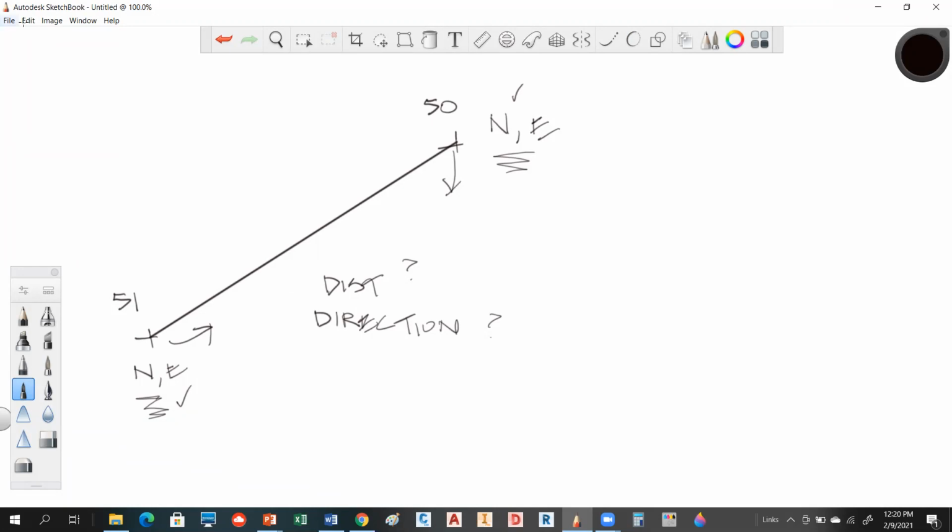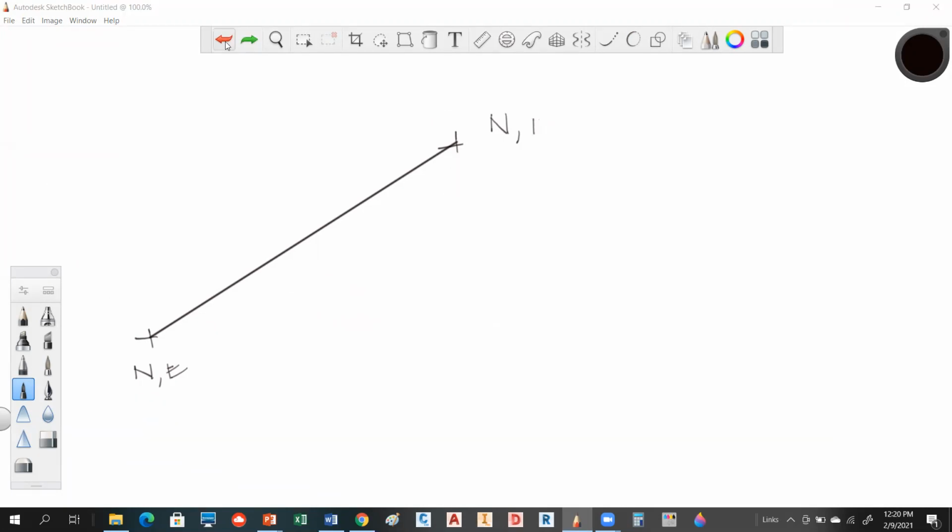So a direct routine, which is more what you were talking about doing, is where you have a point you're starting at. Let's say I've got a point out here that I want to locate, but I don't know its northing and I don't know its easting. Those are unknowns.